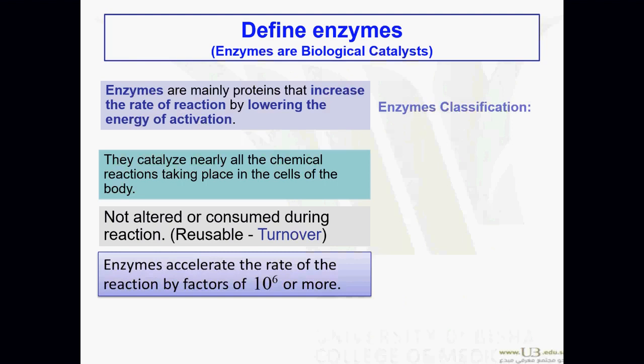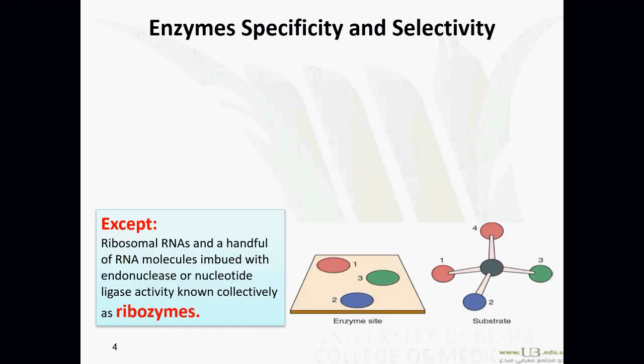That means 1 million times, or sometimes 5 million times, 6 million times, and so on. So it is a very, very big activation. Regarding enzyme specificity and selectivity, we know that the enzymes are very selective and very specific for the reaction.